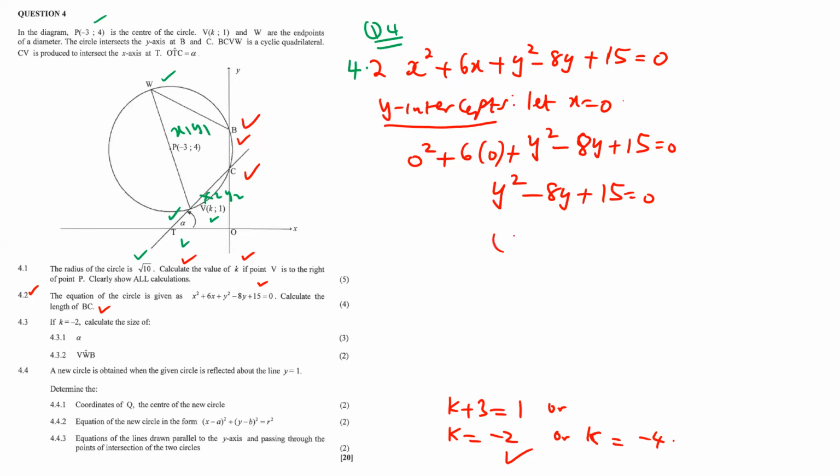So what do you do? You factorize this. The factors are minus 5 and minus 3, which means y is 5 or y is 3.